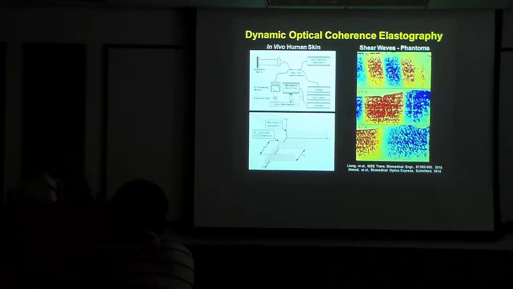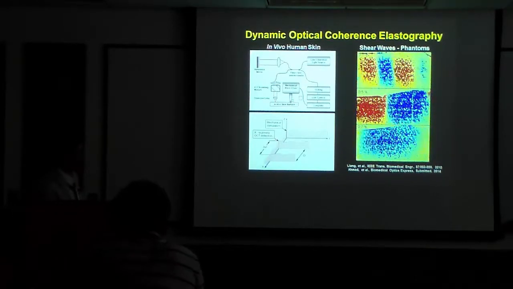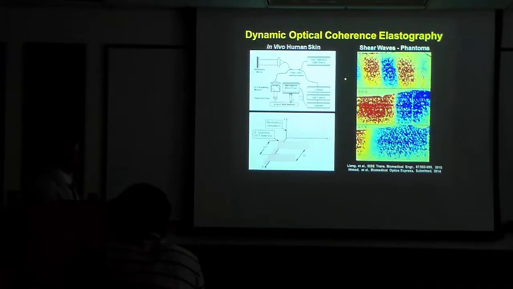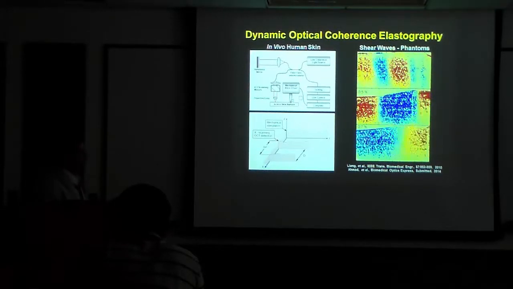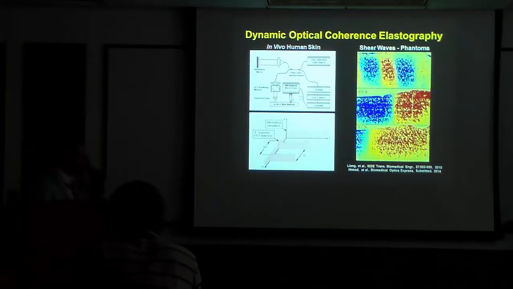Now, the last thing is elastography. We can use the application of mechanical energy to drive and move tissue, and then use optics to measure how that tissue is moving, and how mechanical waves such as these shown here in phantoms of different gel stiffness change the wavelength of those shear waves propagating through the phantoms.